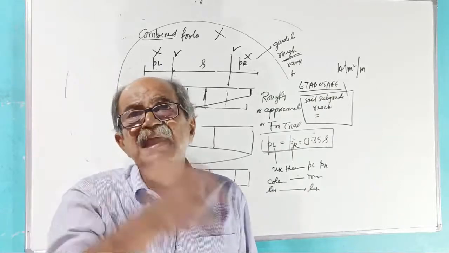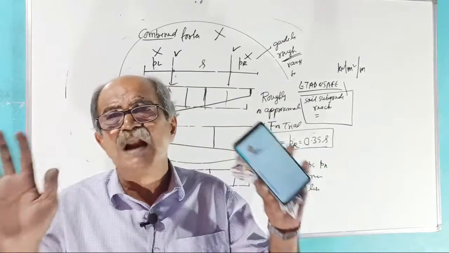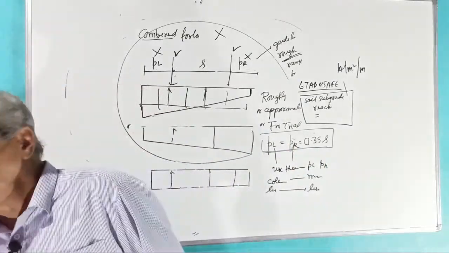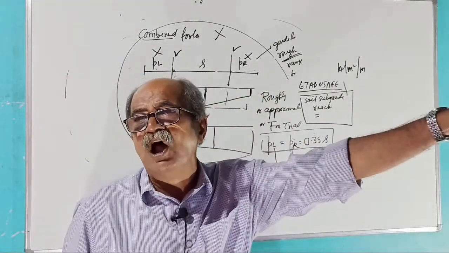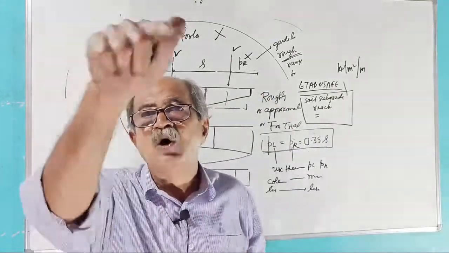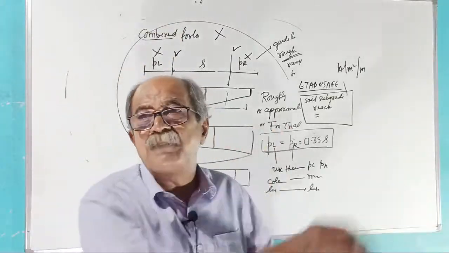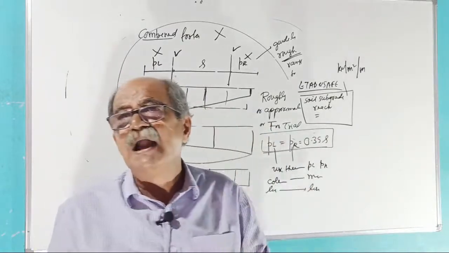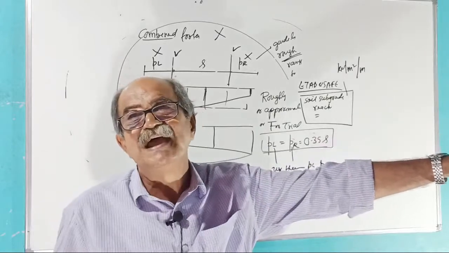Therefore that linear variation will not come, but remember, too much error will not come. When we go to the software part, in the ETABS batch, I will tell you, remember, our theoretical value has limitation.